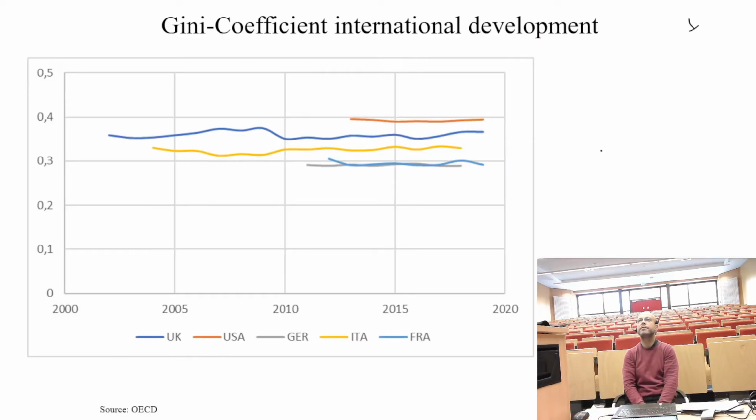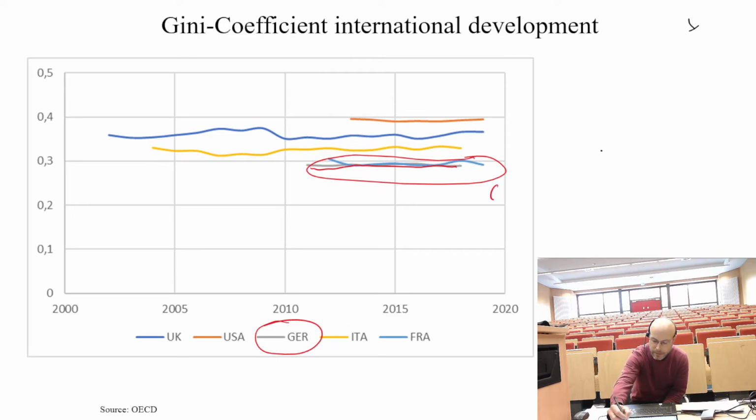So if we look at the development of the Gini coefficient in international perspective, then you see more or less that Germany has a relatively low Gini coefficient. So here we are, and roughly we are together with France, we have the lowest Gini coefficient in Europe.